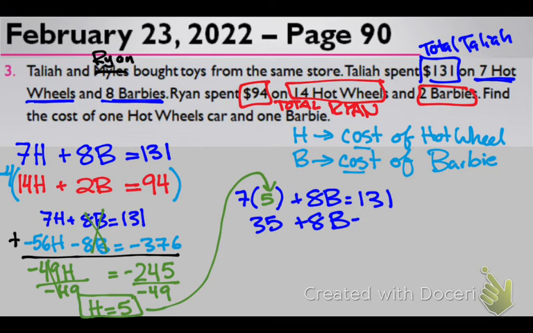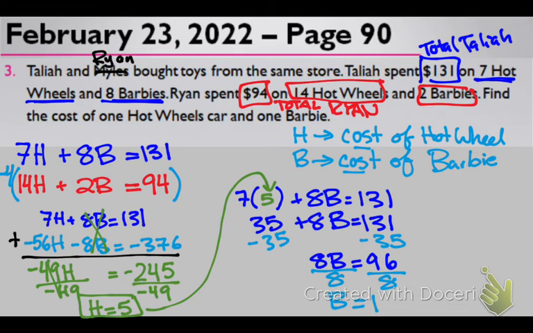So 8b equals 131 minus 35, which gives me 96. And 96 divided by 8 is 12. So I know that the cost of a Hot Wheel is $5 and the cost of one Barbie is $12.